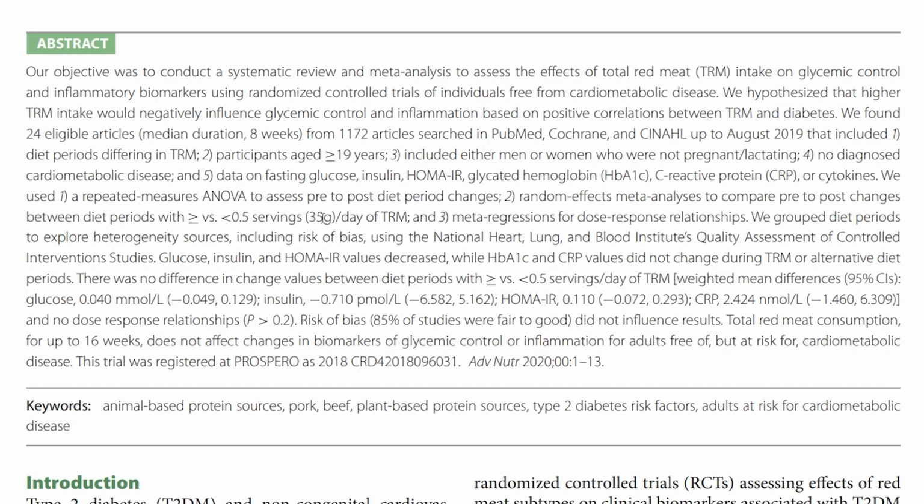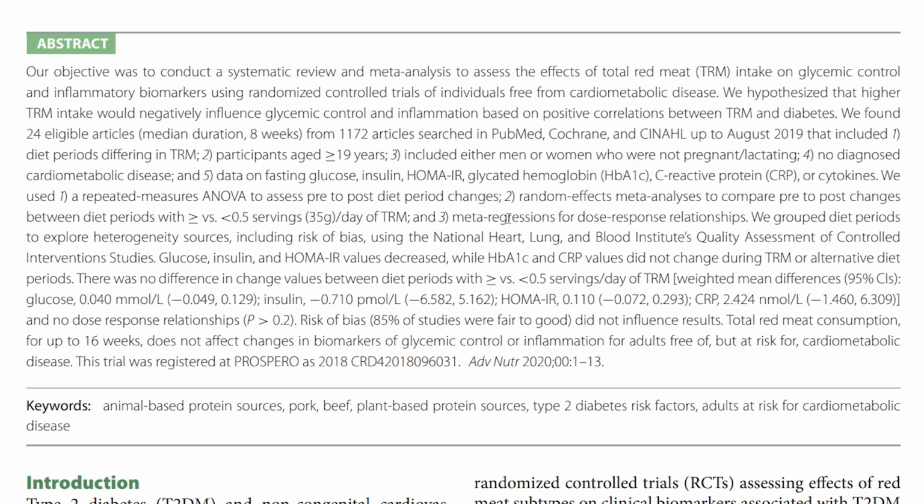Okay, good. We used 1, a repeated measures ANOVA, analysis of variance that is, to assess pre to post diet period changes. 2, random effects meta-analyses to compare pre to post changes between diet periods with equal to or less than versus more than 0.5 servings, which is defined as 35 grams per day, of total red meat.